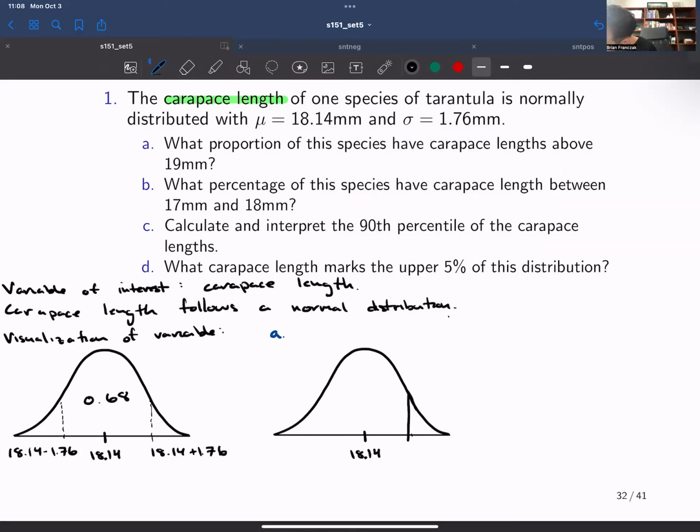So the 19, let's say, is going to be right about here. Right, and what we want is this area here. So what we're looking for in this problem is the size of this area to the right of 19 millimeters.